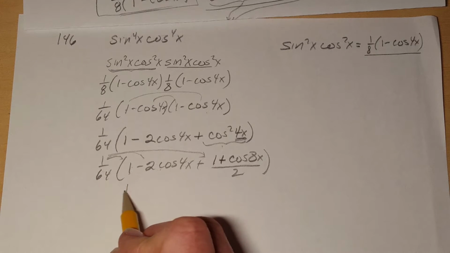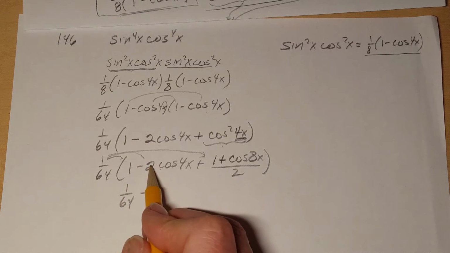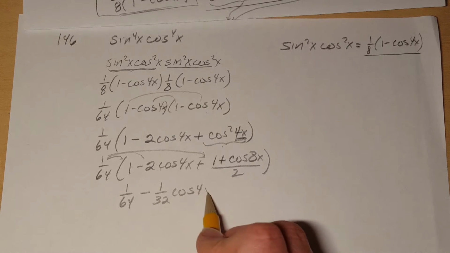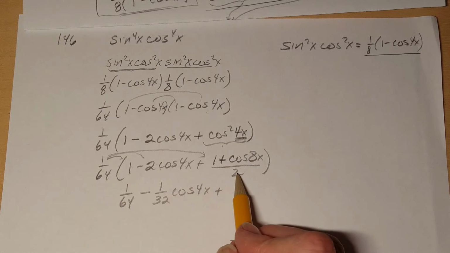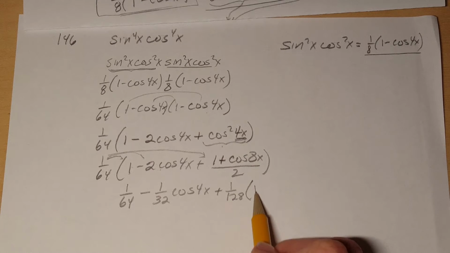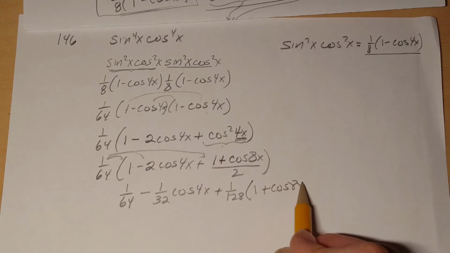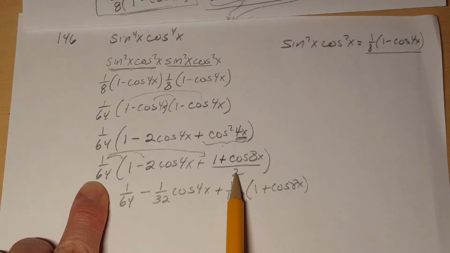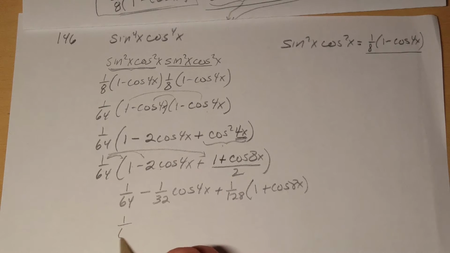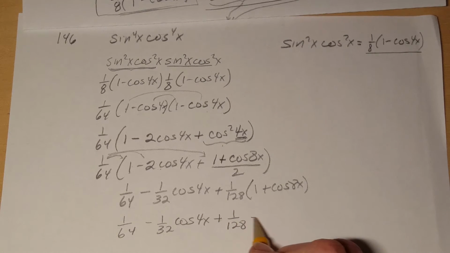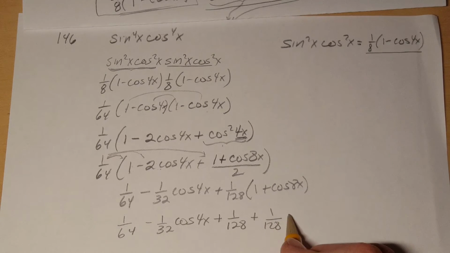So we'll have 1/64 times 1 is 1/64, minus 2 over 64 is 1/32 cosine 4x, plus 1/64, that's going to be 1 over 128 times 1 plus cosine 8x, because I have 1/64 times this 1/2 here, so that goes in front of that. So we have 1/64 minus 1/32 cosine 4x plus 1/128 plus 1/128 cosine 8x.